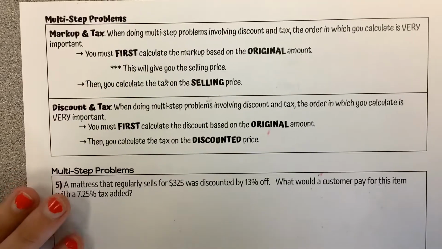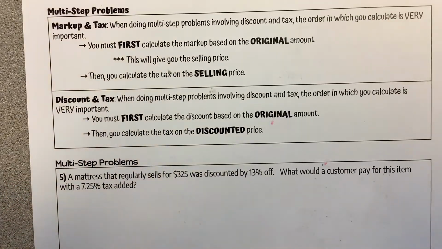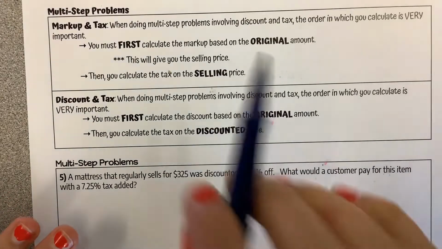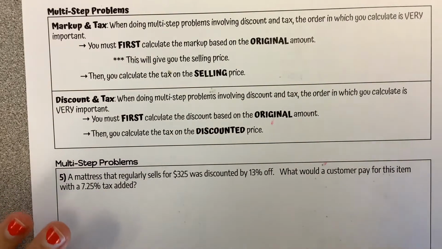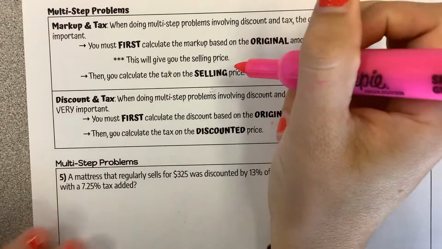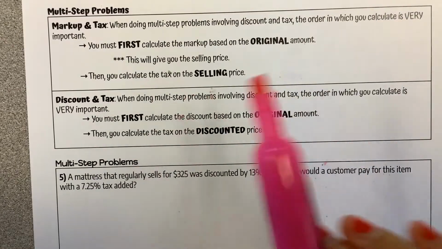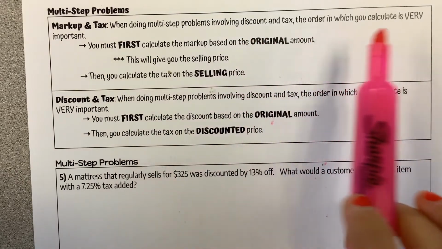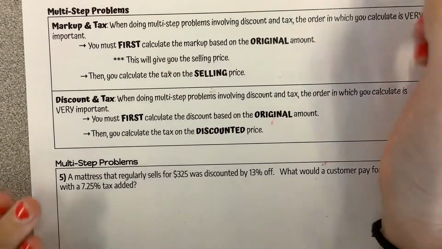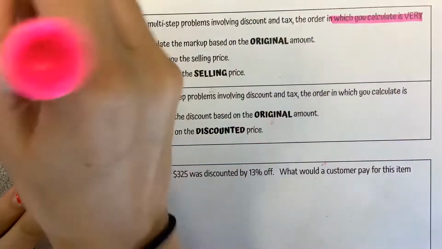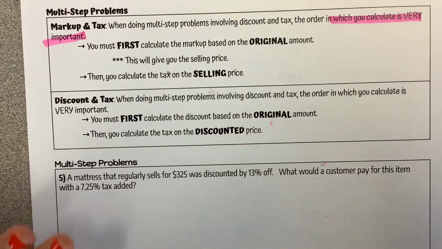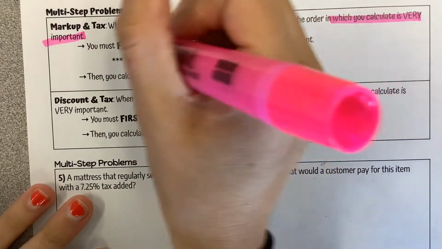And just like we did for tax and tip, we're going to look at some multi-step problems. So markup and tax. This time, not like tax and tip, when we're doing the multi-step problems, the order in which you calculate is very important. You are only taxed on what you are actually spending.